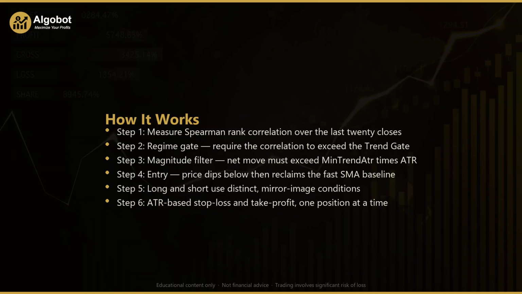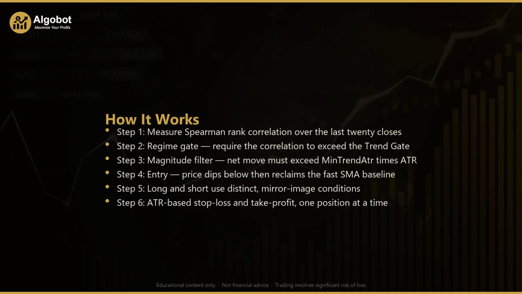Let's walk through the logic exactly as the expert advisor runs it, once per completed bar. Nothing is evaluated mid-candle, which keeps signals stable. First, the strategy takes the last 20 closing prices, that's the rank period, and computes Spearman's rank correlation of those closes against their time order. That single number, often written as rho, ranges from -1 to +1.